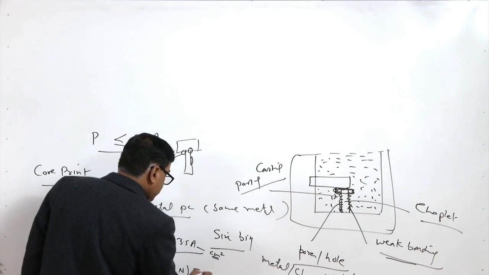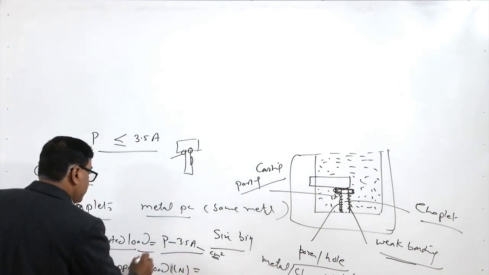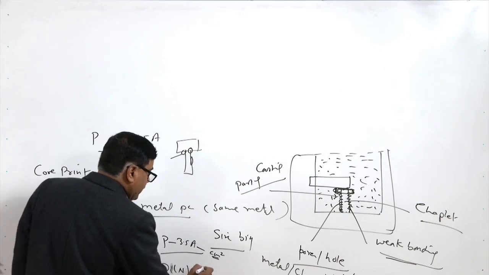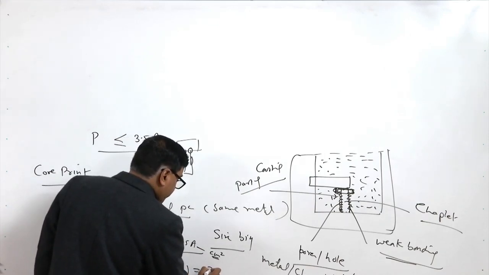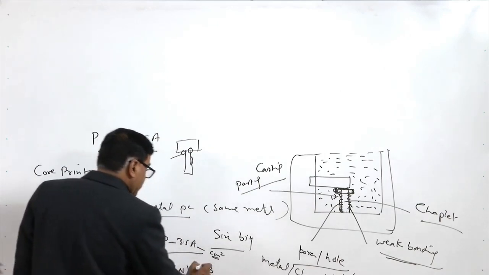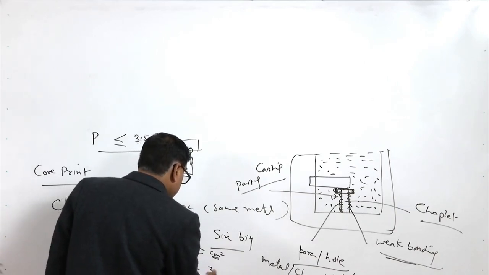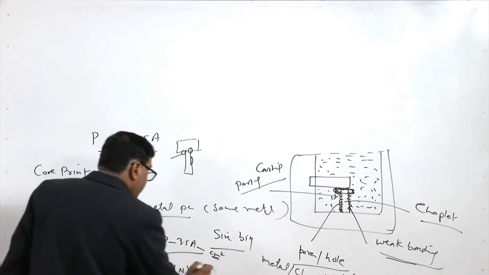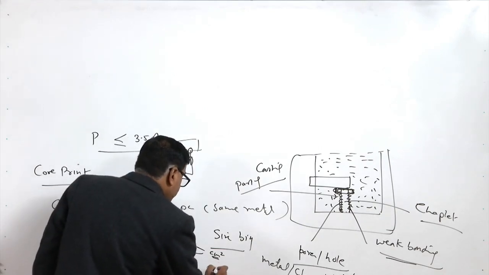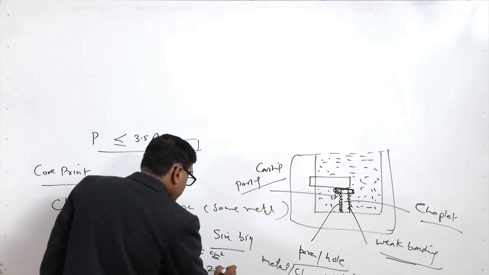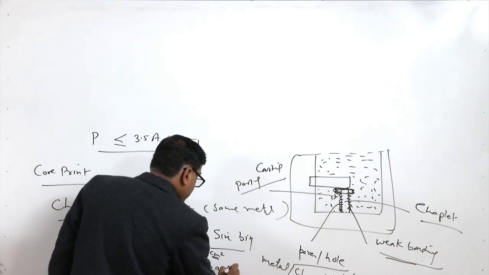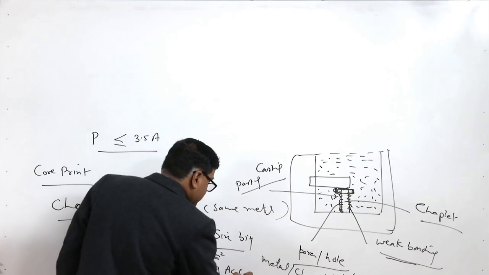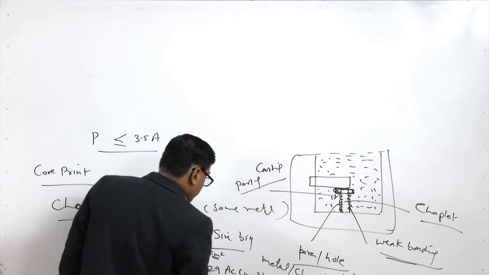This is made equal to another empirical equation, 29 AC, where AC is the chaplet area which is desired, in mm square.